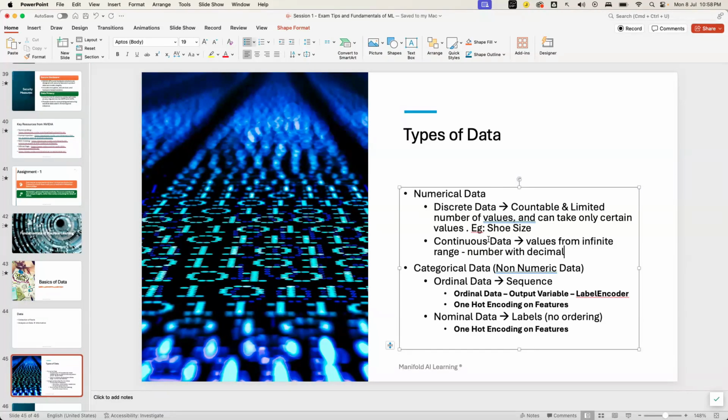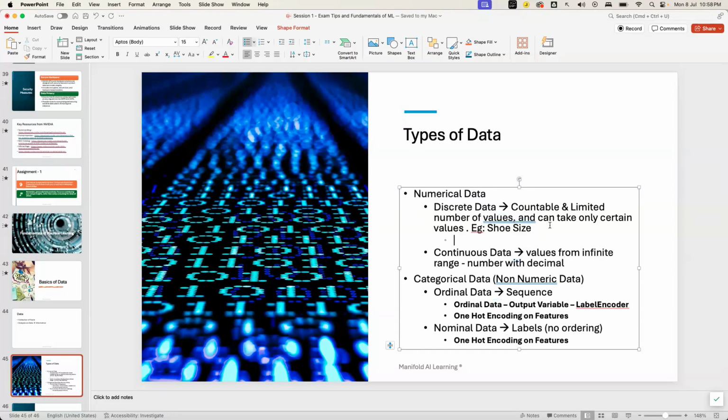Now, when we are dealing with such data, if I'm dealing with discrete values with a limited number of categories, in most scenarios we will be applying one hot encoding. If I do not want to consider the numerical values there, for example, if I have a column with shoe size and I want to treat each and every shoe size with the same weightage, that's when I'll make use of one hot encoding.